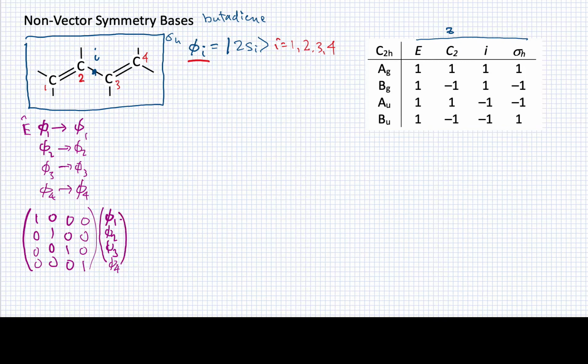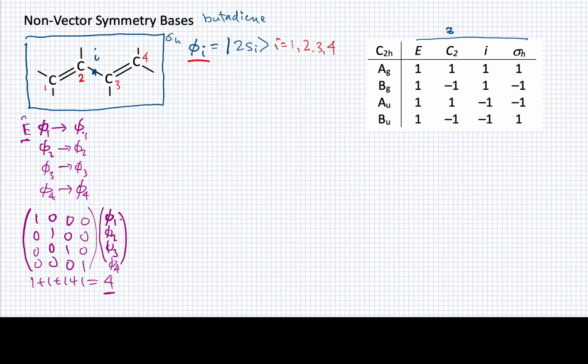Now, as we've mentioned, this is a reducible representation, but we can assign a character to it by adding up the diagonal matrix elements. In this case, the diagonal matrix elements are 1 plus 1 plus 1 plus 1, so it will have a character of 4. Note that this only happens when the symmetry operation maps a function into itself.